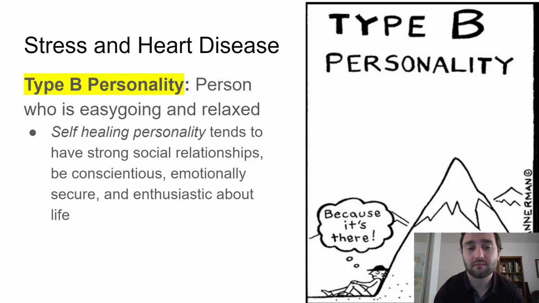Now again, this doesn't mean that someone's personality directly results in them having some sort of illness later in life. What it is, is that if you have a type B personality or this self-healing personality, you're going to experience less stress naturally. You're more likely to use and receive support or seek out support from other people to help you deal with stress.